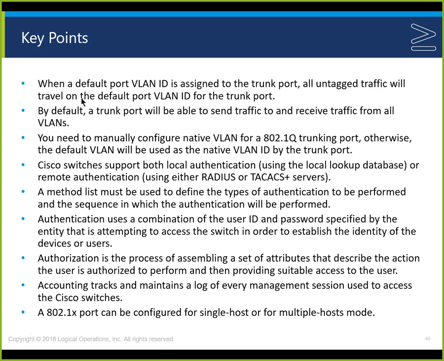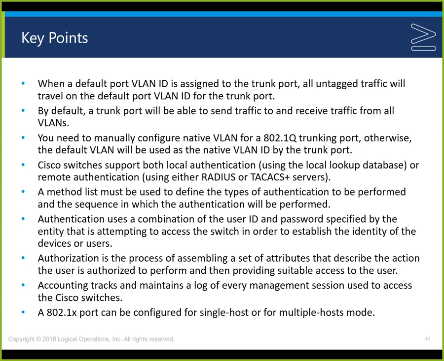The key points, and you probably thought I was never going to get here. The default VLAN ID is assigned to a trunk port, and the untagged traffic will travel on the default VLAN. The native VLAN by default is VLAN 1. By default, a trunk port will send and receive traffic for all of the VLANs.